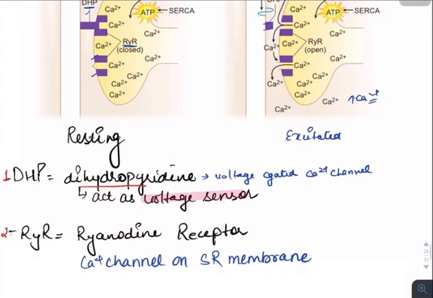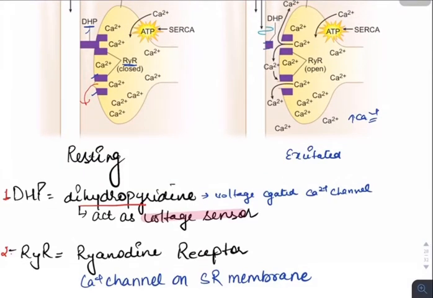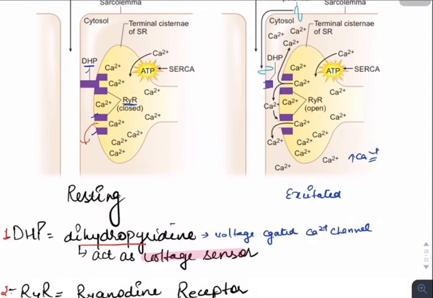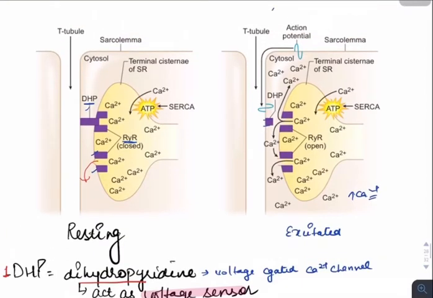The second is the ryanodine receptor, which is present on the sarcoplasmic reticulum membrane, the SR membrane here, and this channel fluxes calcium into the cytosol. At resting state, both channels are closed, and DHP blocks the ryanodine receptors. This is the resting state, and this one is the excited state.